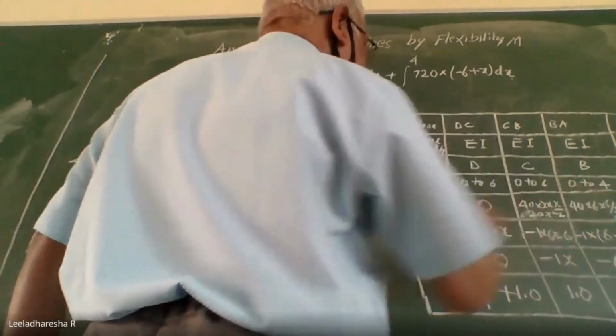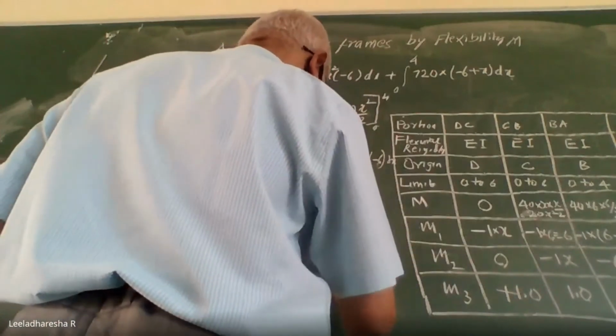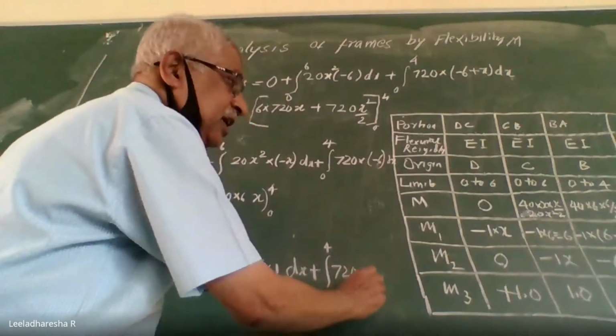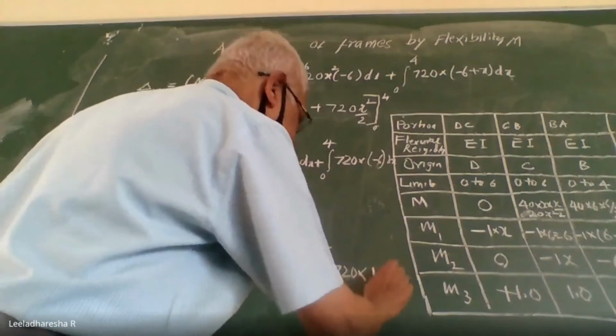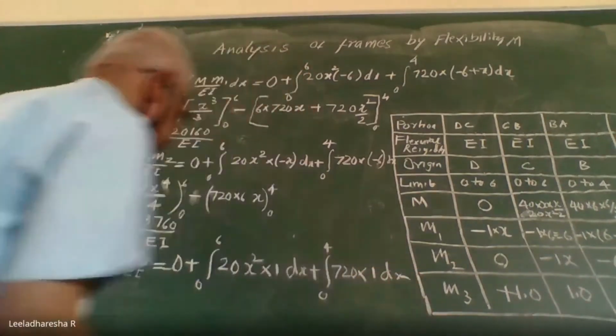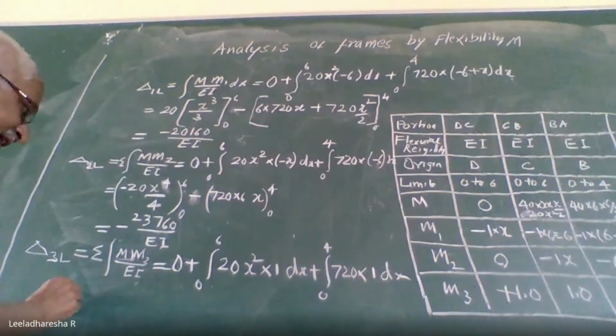M is 720 and m3 is again 1, into dx. Right? So now you can go for integration.